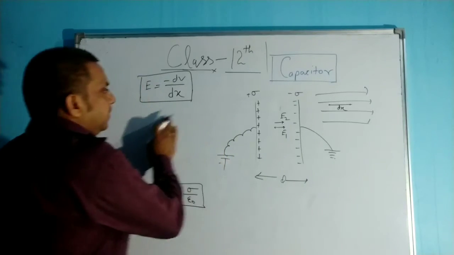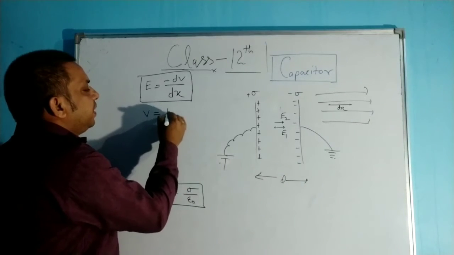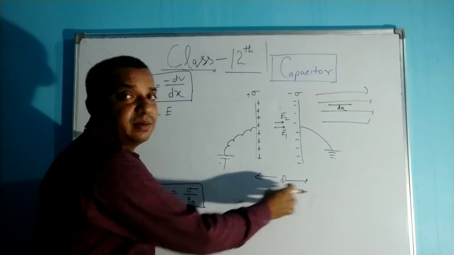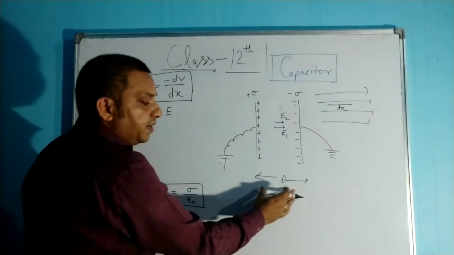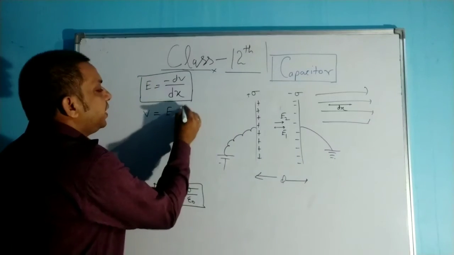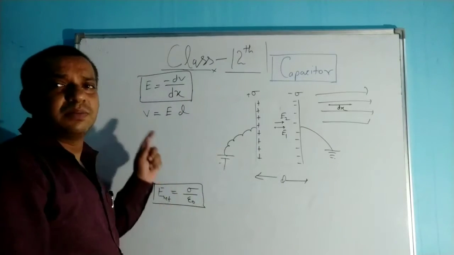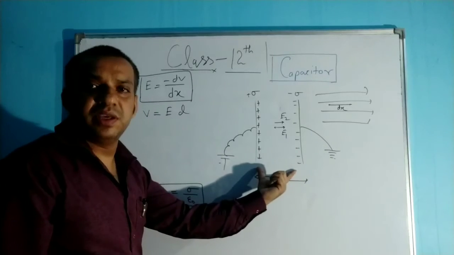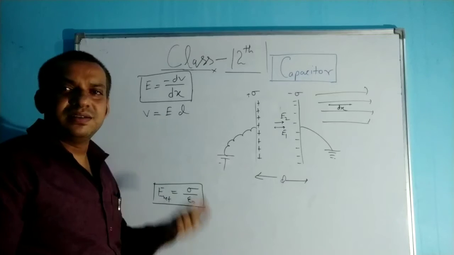So from this formula we can write the potential difference V is equal to E into dx. Here we have to move the d separation in the electric field. The electric field is uniform in between these two plates, and we have to move d. So V is equal to E into d. Don't worry about the minus sign, because I am already assuming the potential difference across these two plates is V, and it is a scalar quantity.